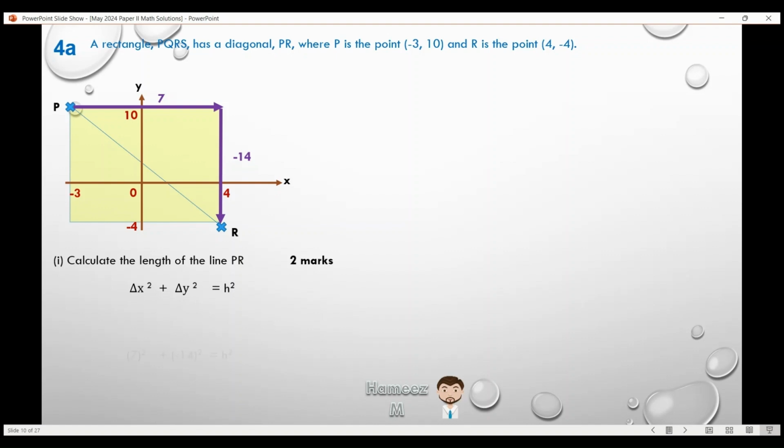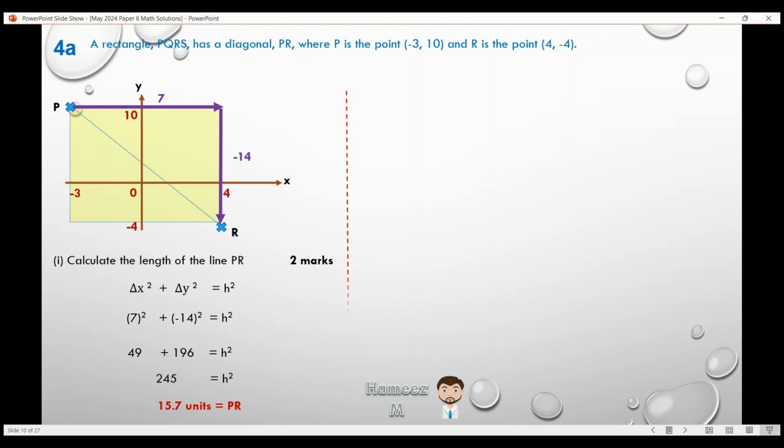We just worked them out: 7 squared plus -14 squared. 7 squared is 49 plus 14 squared is 196, and that will give us 245. So h, which is the hypotenuse or the length of PR, will be the square root of 245, which works out to be 15.7 units.